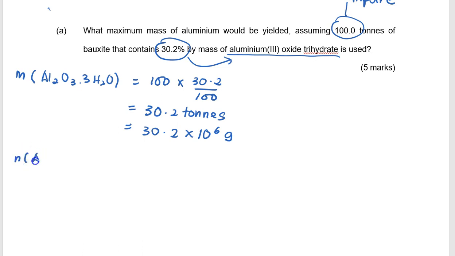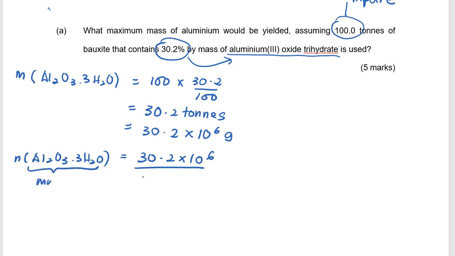The number of moles would be the mass, 30.2 times 10 to the power of 6, divided by the molar mass, which is 156.608. And you will have 193,580 moles.